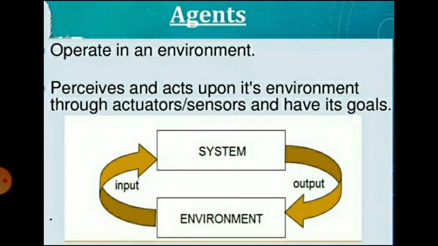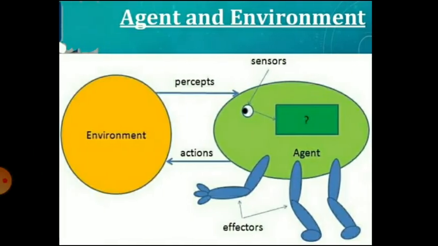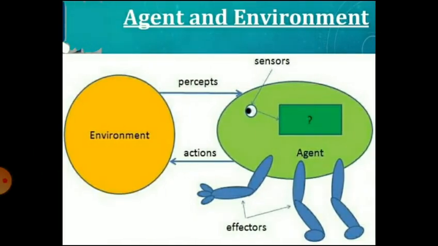The agent perceives or senses the information from the environment by using the sensors, and it takes decisions by using actuators. So you can see the diagram, agent and the environment. On the right hand side there is an agent, on the left hand side there is an environment.